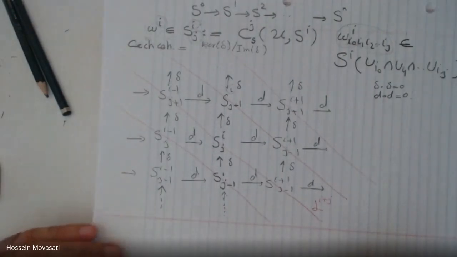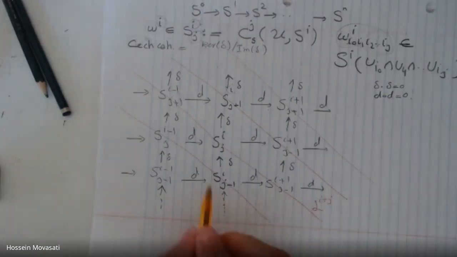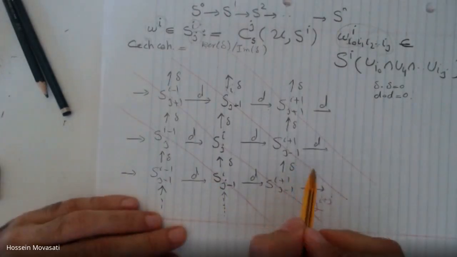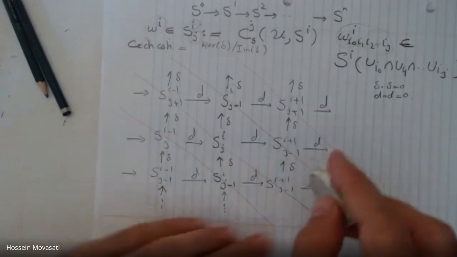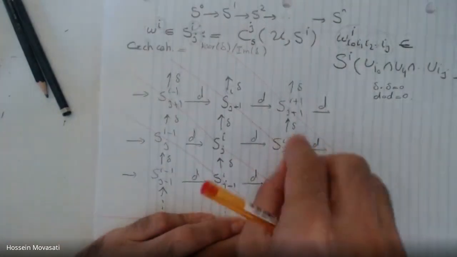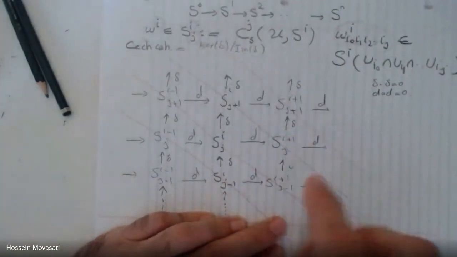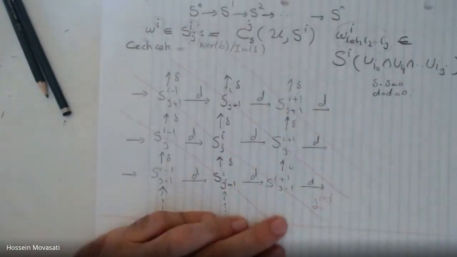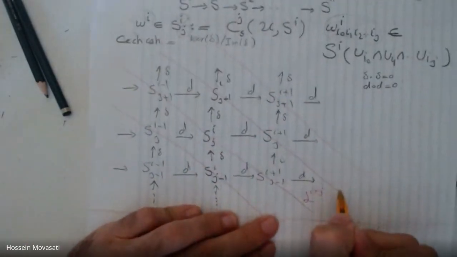There must be M. I have made a mistake here. Here is g minus 1, g plus 1. Yeah, okay.